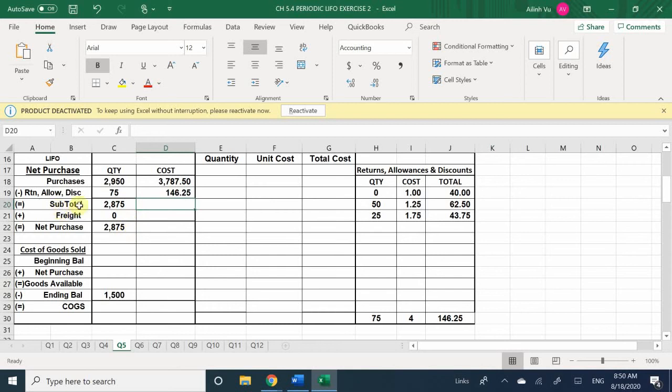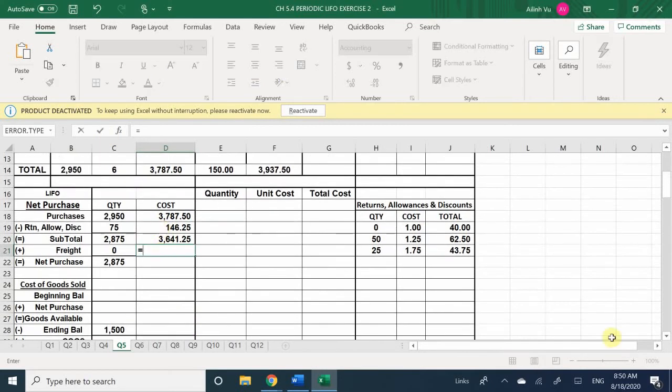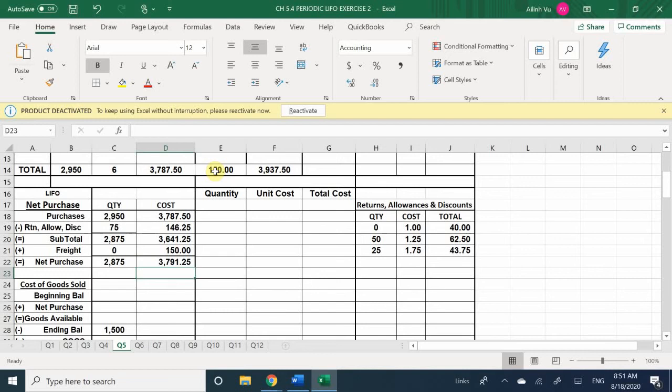All right. So here, what was my subtotal for subtracting out the returns and allowances? 3,641.25. 3,641.25 is correct. My freight here is 3,791.25. 3,791.25 is correct.